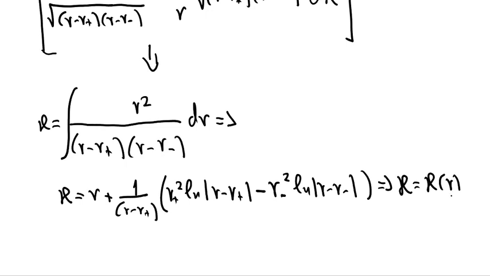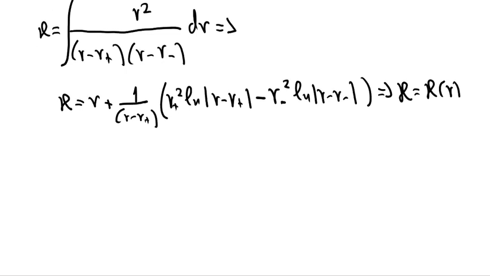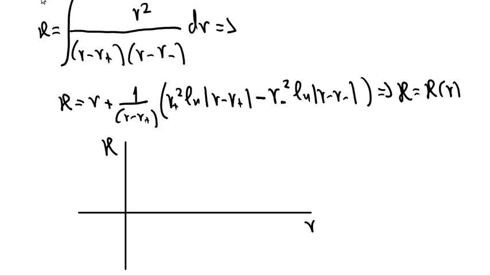Now we need to find the qualitative behavior of this function. So we're going to draw its graph, which is also simple to do. Big R, small r, and you can just place r minus, r plus.